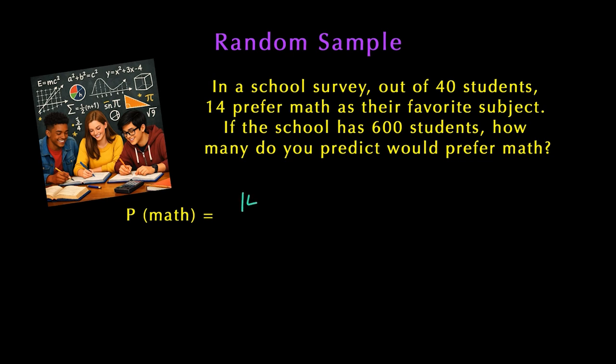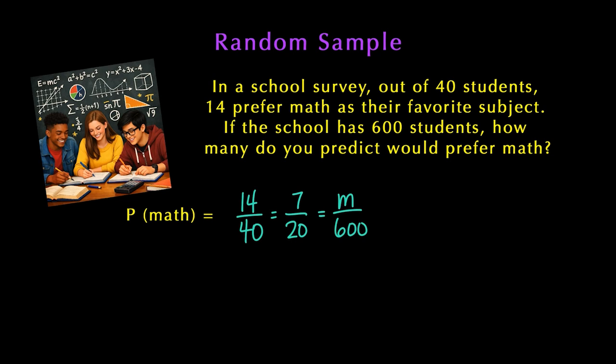So if 14 students prefer math out of 40 total students, then we're going to reduce that. So I can divide both of those by 2. That means 7 out of 20 students prefer math. Then I'm going to use that data and I'm going to see how many students would prefer math out of 600 students. So 7 out of 20 is just our baseline.